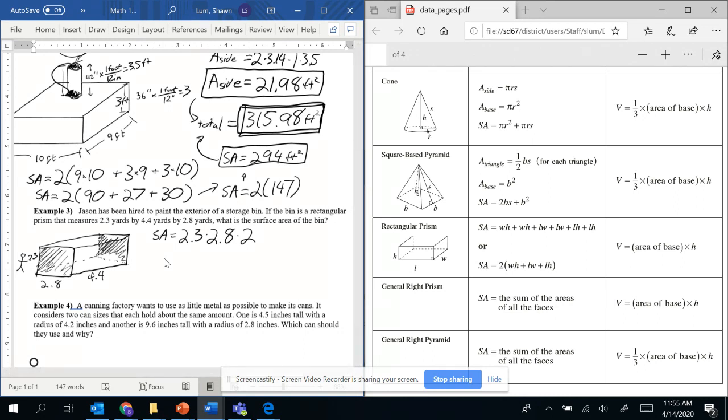Now we have another one right here. We have the surface area of these very long walls. This big long wall is going to be 2.3, because the height of this is 2.3, times 4.4.